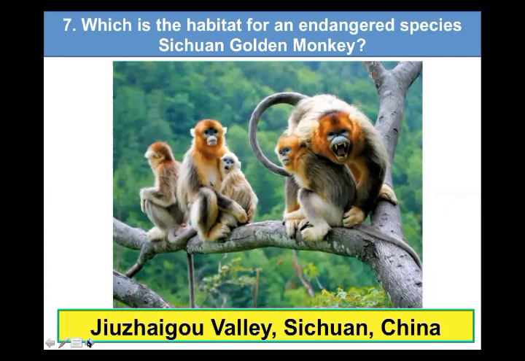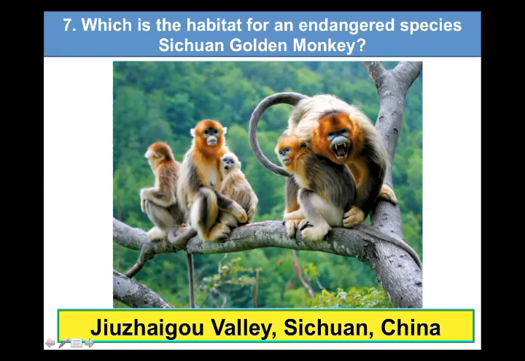The next one is, which is the habitat for an endangered species? Sichuan golden monkey. Probably in a National Geographic channel you would have seen documentaries related to this monkey, which is also called the snub-nosed monkey. It's a critically endangered species. It is situated very close to the Tibetan Plateau, not the Indian side, but the other part of the Tibetan Plateau.